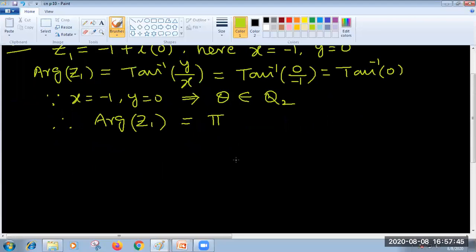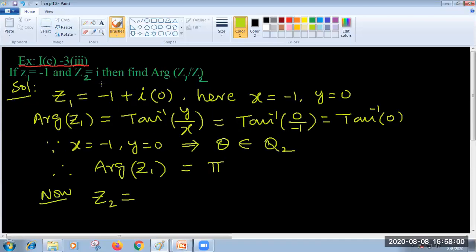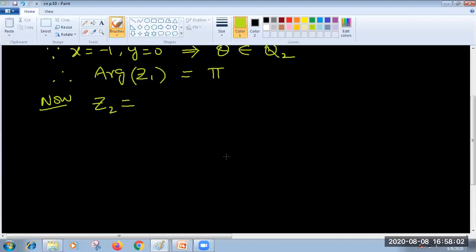Argument of z2. What is z2? z2 is i. There is no real part.